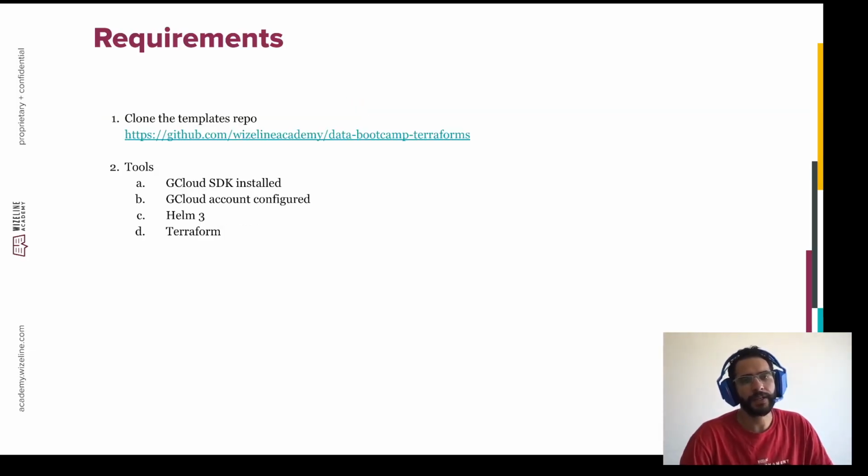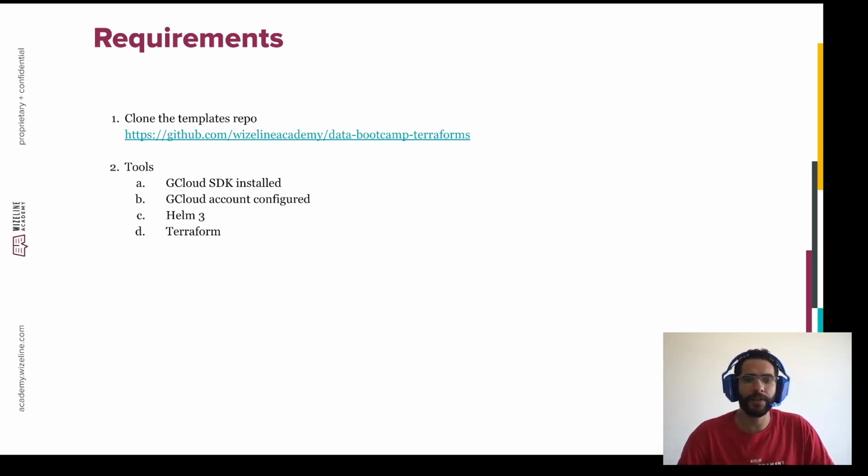So let's go with the requirements. For this session, we're going to need this repo available, which you just clone; this is the repository that I'm sharing with you. These are some Terraform templates that we already created for you. In this session, we're going to be covering the gcloud version. So that leads us to point number 2: we're going to require the gcloud SDK already installed on our computer.